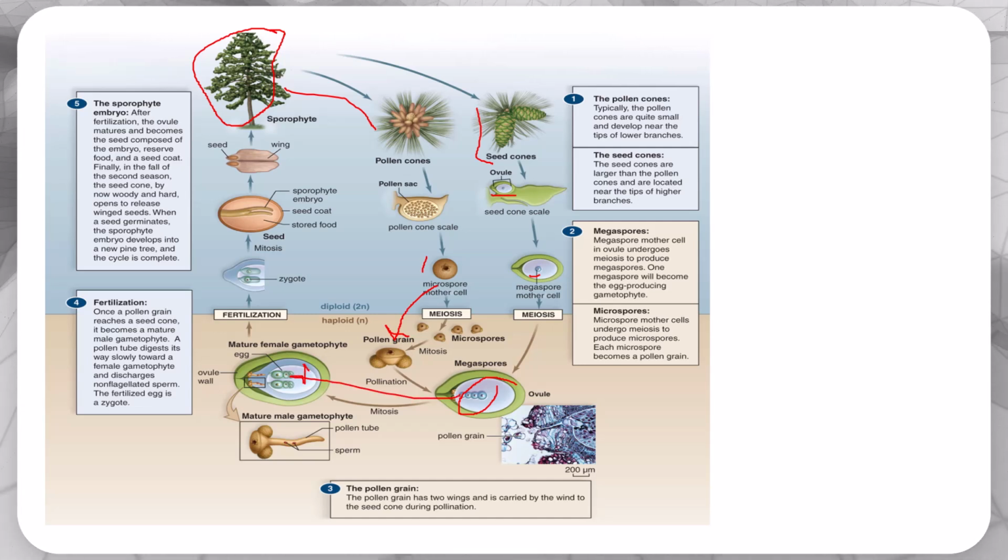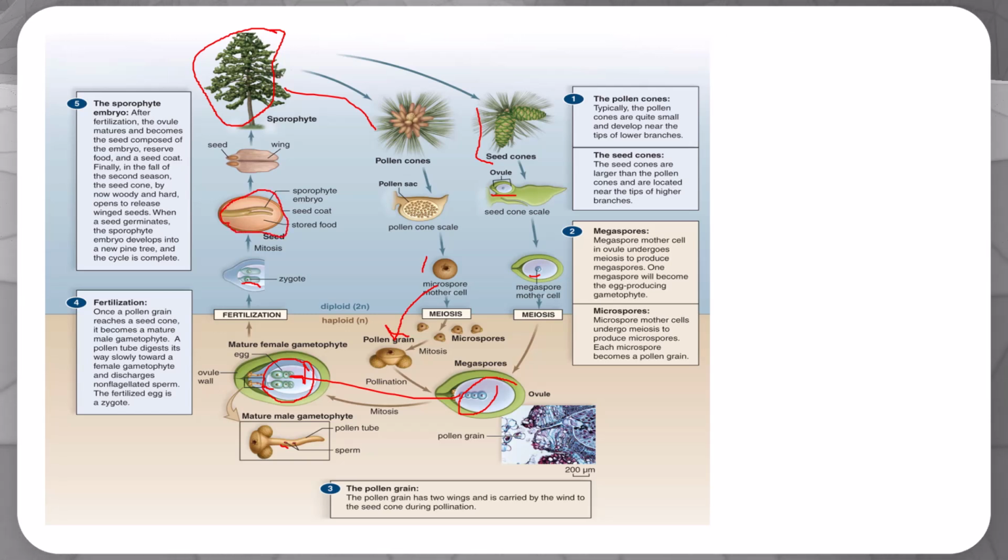So anyhow, the pollen gets to the seed cone through the air because it's a conifer, and then the pollen carries the sperm, and the sperm fertilizes the egg inside of the female gametophyte. Then we get this diploid zygote that is retained within a seed.